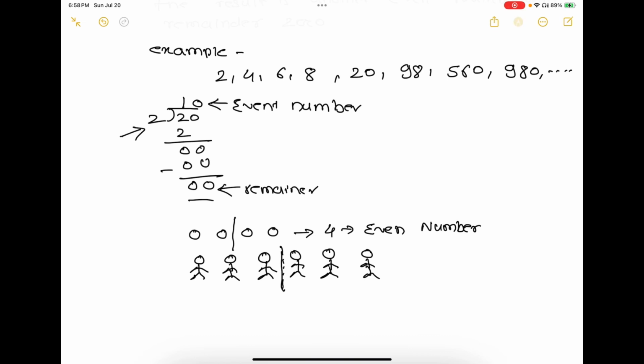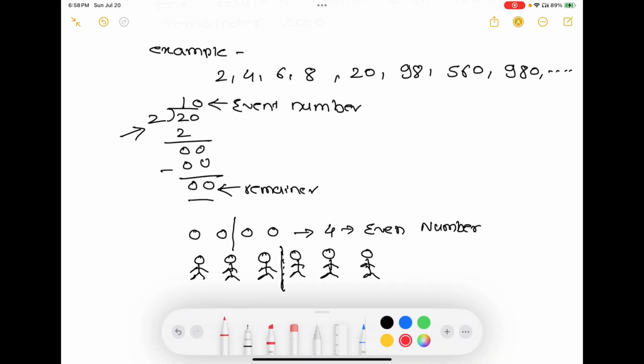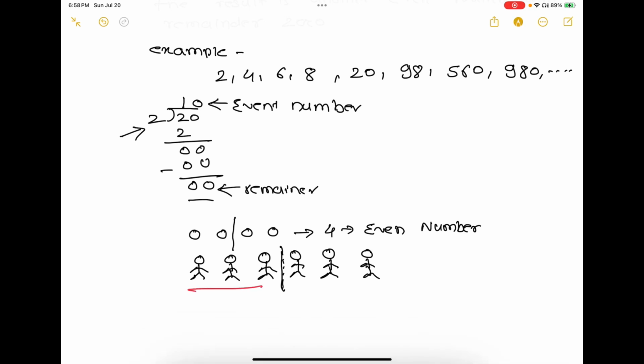So these are the 3 and these are the 3. We divided 6 into 3 and 3. So that means 6 is even number.